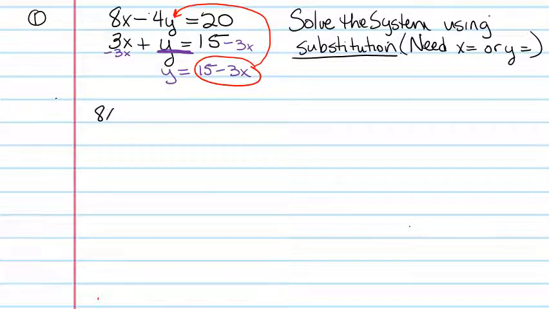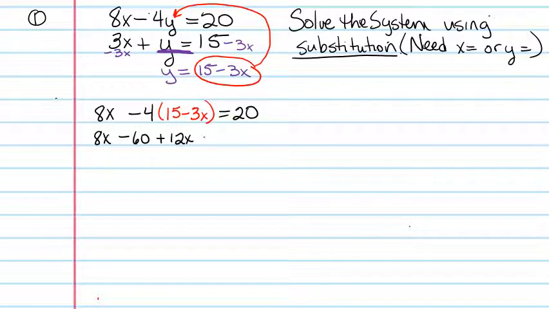And we'll have 8x minus 4, but now I'm going to substitute that expression for the y, equal 20. And now I'm going to be able to solve this just using regular solving techniques. So I have 8x minus 60 plus 12x equal 20.